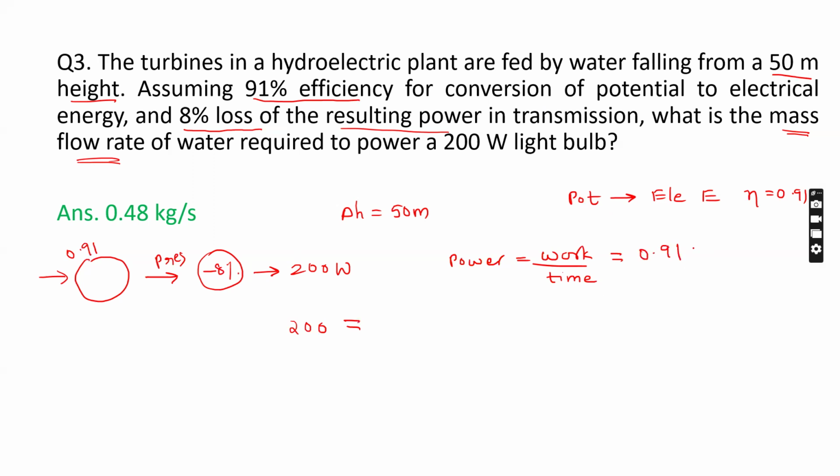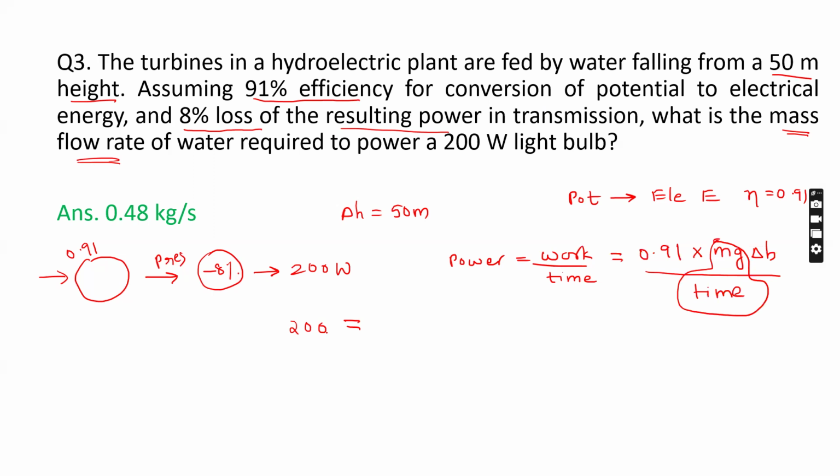Okay, 0.91 into mg delta h. Here, mg is force, into displacement, so this is the work done here. Work into efficiency, the total work by time. Here we don't know the mass flowing, so we consider this mass by time as m dot.